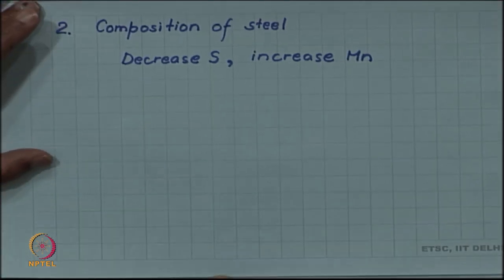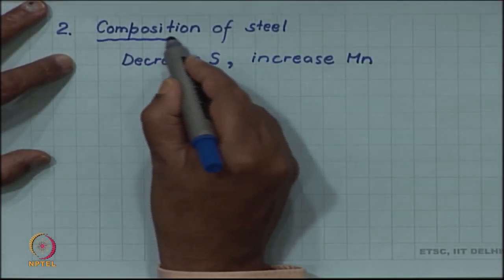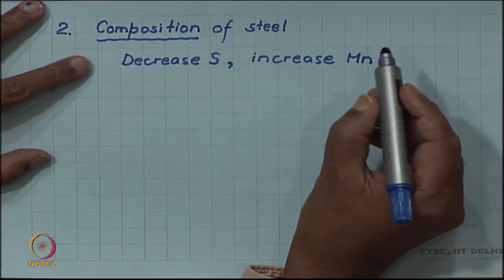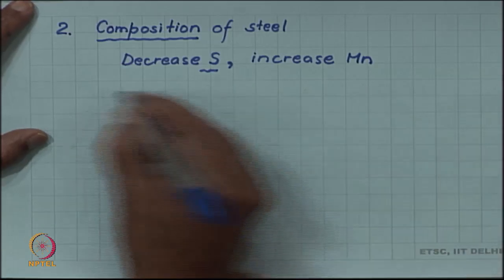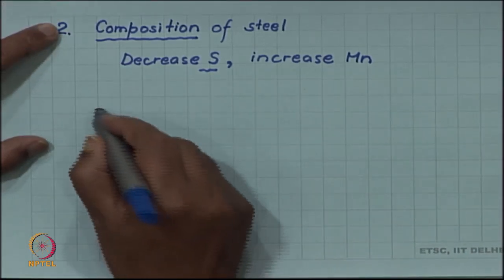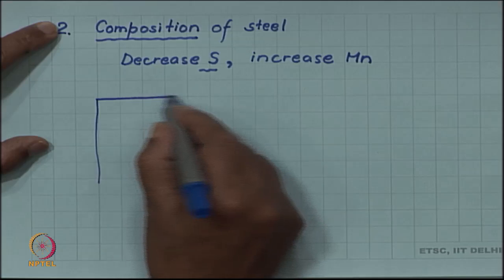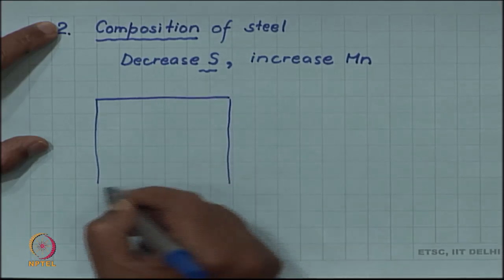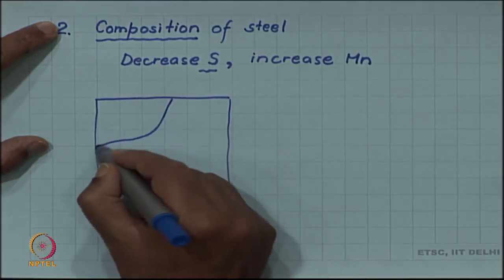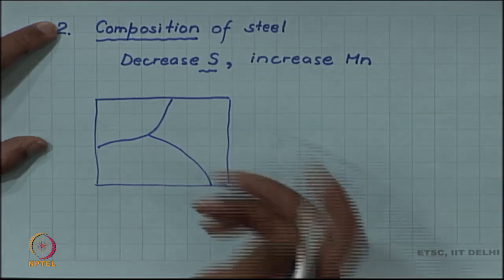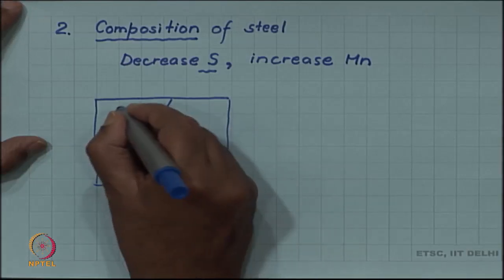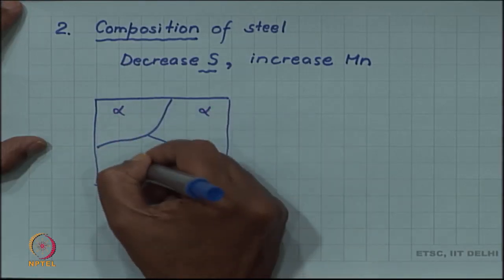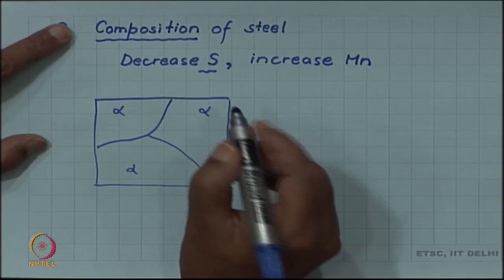In the case of steel, composition is very important in determining brittleness, and one element which causes brittleness in steel is sulfur. The way it does so is, if you consider the structure of steel, let us say that these are ferrite grains and these are the grain boundaries.